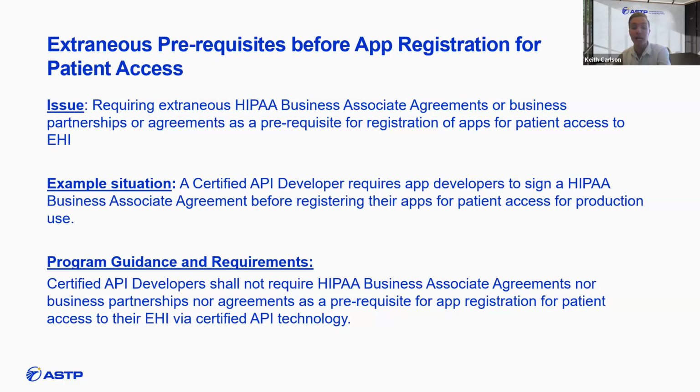But for the patient access use case, for the use case of a patient wanting to connect and on their own volition authorize an app of their choice to connect to their data, it is very important to keep in mind that for that single patient access use case, we are very clear that these types of agreements shall not be required, when a patient is able to authorize access to their own data. So we can go to the next slide.